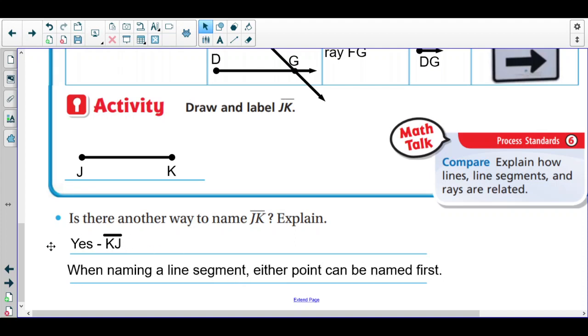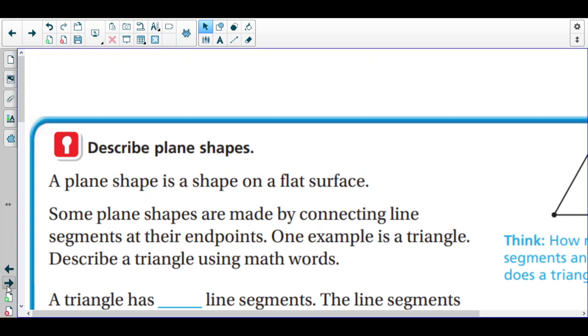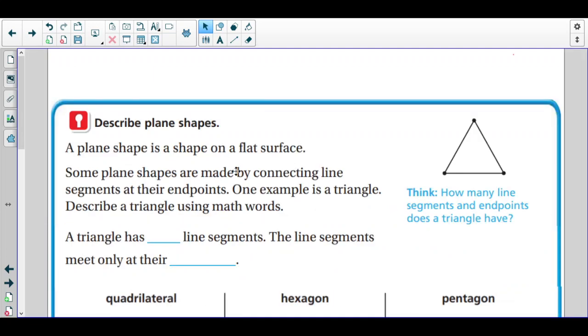Let's turn to this next page here, which is going to be kind of fun. Like I said, I really enjoy the geometry unit stuff because we get to do some drawing and some other fun activities. So a plane shape is a shape on a flat surface, or two-dimensional. Some plane shapes are made by connecting line segments at their endpoints. Ooh, that is pretty heavy right there.